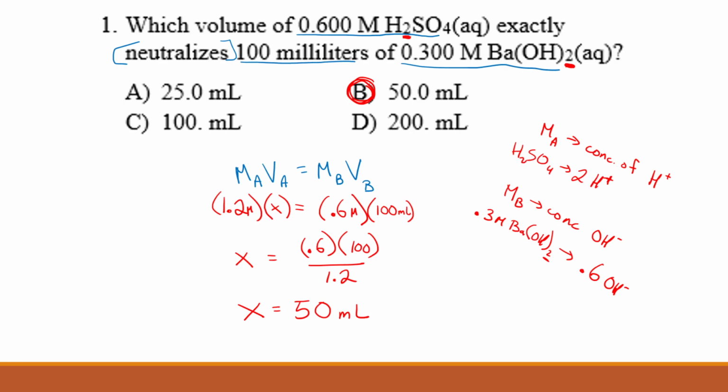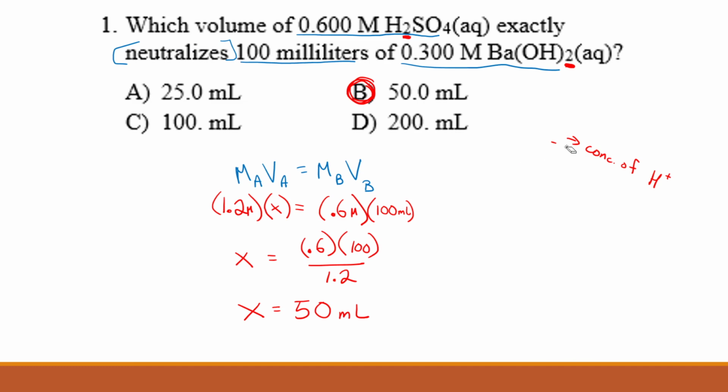Remember, it's really important. One of the easiest ways to get tripped up in a question like this is by them giving you an acid or a base that has multiple OHs or multiple H pluses. So if we go back to look at that doubling again, we talk about why these things get doubled.